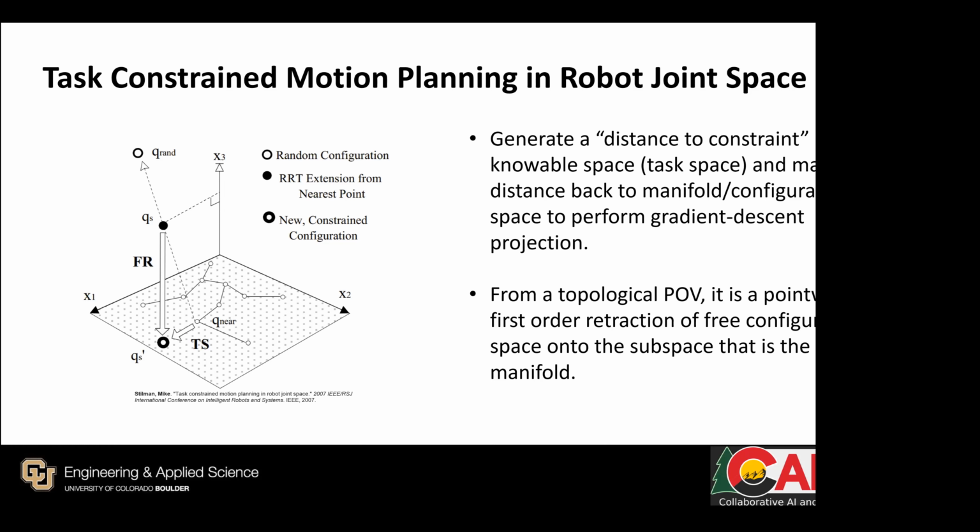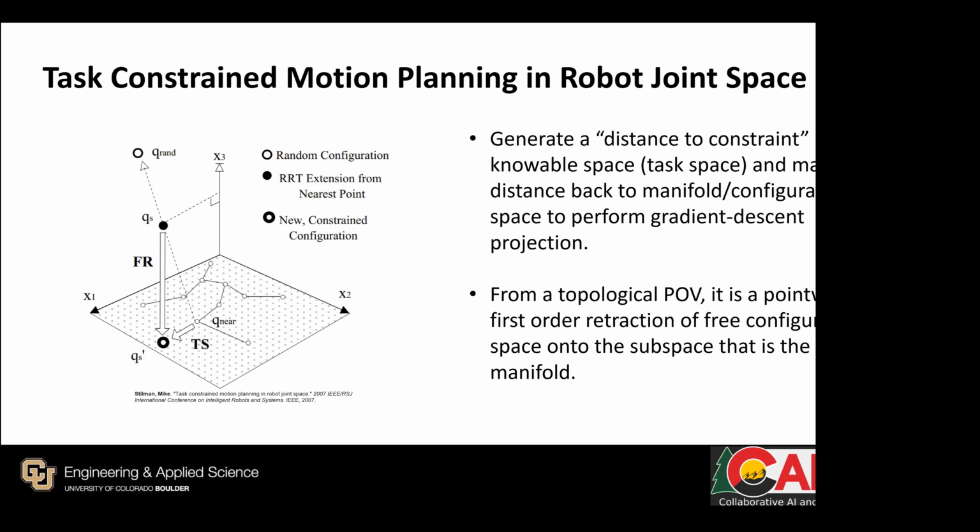So jumping right in, the late Mike Stillman's work on task-constrained motion planning for robot joint space takes the notion of what is called a first-order retraction of a topological space onto a subspace that is your manifold, and fits that into the mold of the RRT sampling-based motion planner.